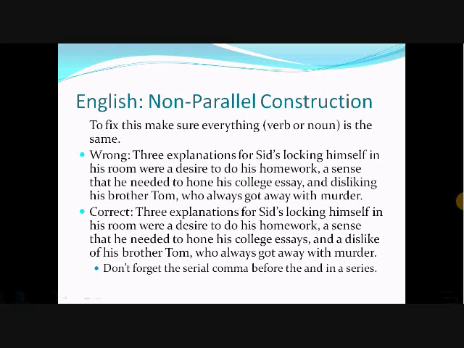"Disliking" is not the same as "a dislike," so using "disliking" is incorrect. But if you use "a dislike," it's the same as using "a desire" and "a sense." So don't forget to use the serial comma before the "and" in the series.